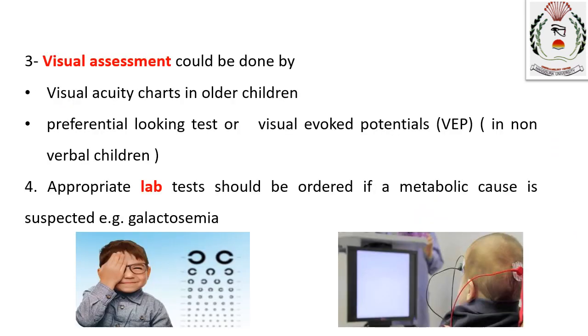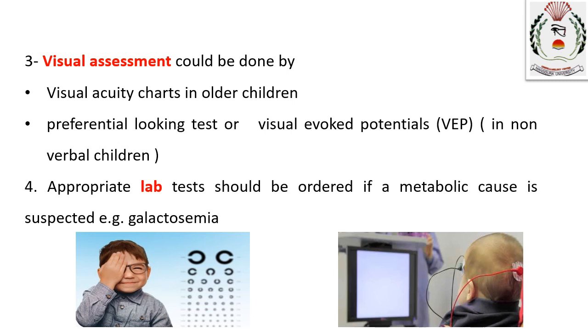We have to assess the vision of the child. If the child is old and cooperative, we can assess the vision with the usual visual acuity charts like this, with letters as used in adults.